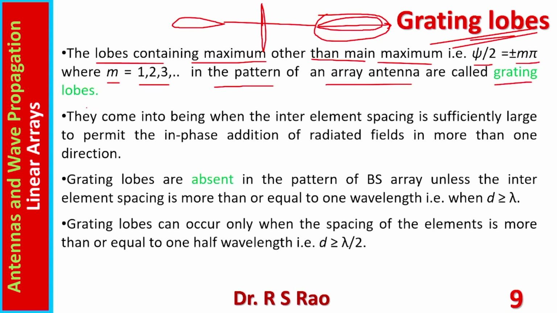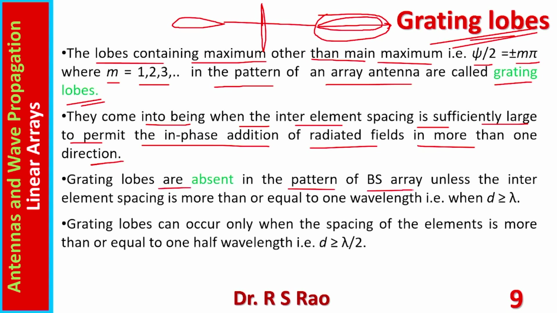These are called grating lobes. They come into being when the inter-element spacing is sufficiently large to permit the in-phase addition of radiated fields in more than one direction. Grating lobes are absent in the pattern of a broadside array unless the inter-element spacing is more than or equal to one wavelength.